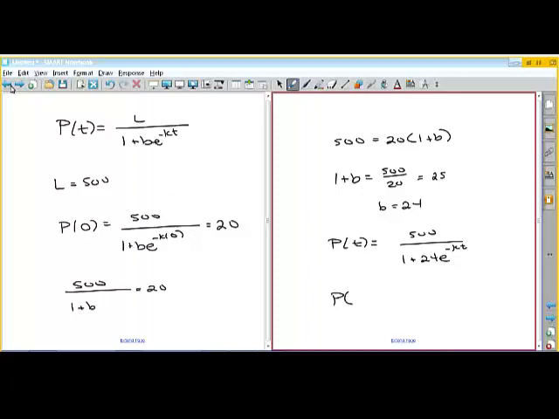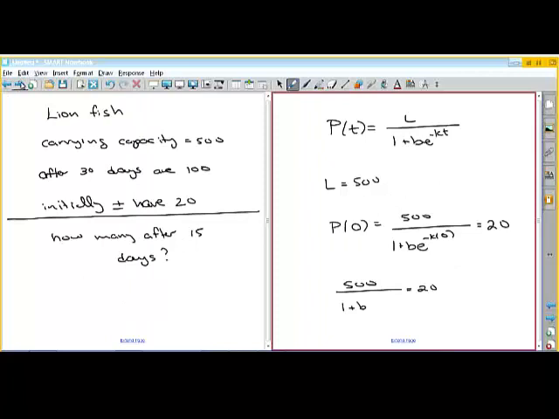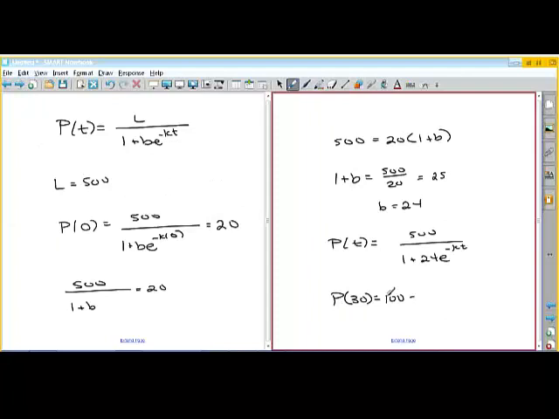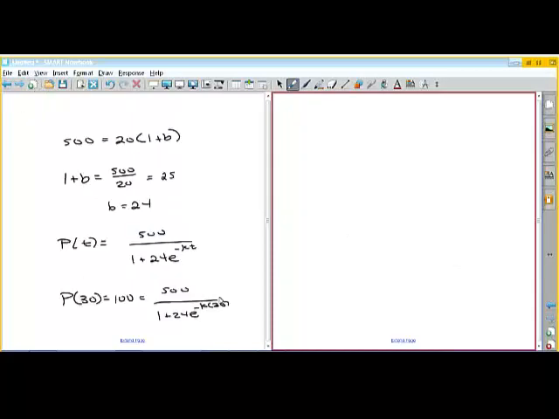So then we use the second case. We know that P of 30 equals 100. So we write out our equation on the right-hand side with t equals 30 put into the equation. So what do we do now?